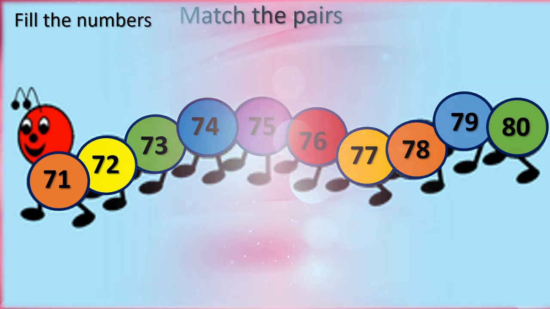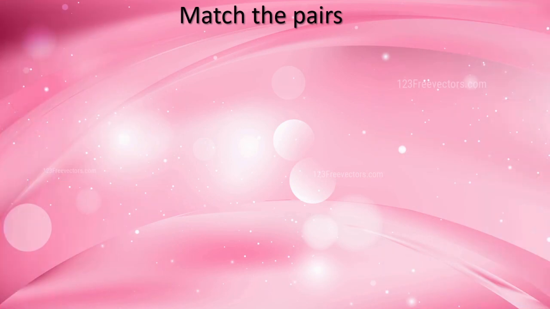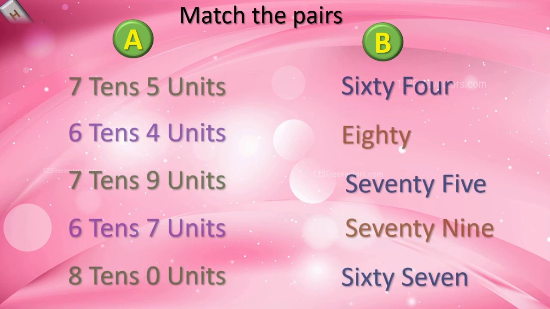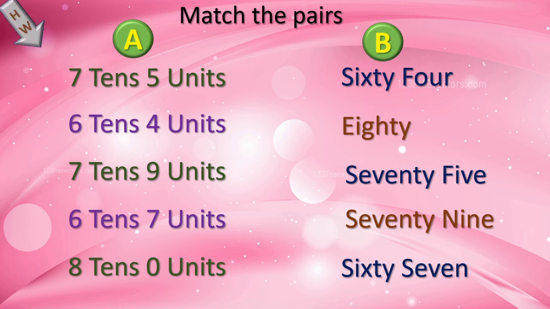Okay. Dear children, now homework part is there. Match the pairs. Here you can see 2 columns. You can see in A column the numbers are given in tens and units form, and in the B column the numbers are written according to their names. Right? Means in words.